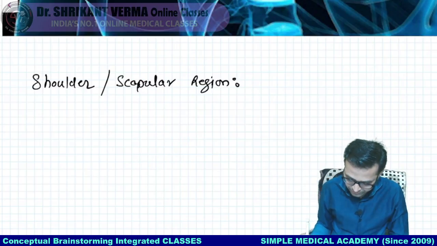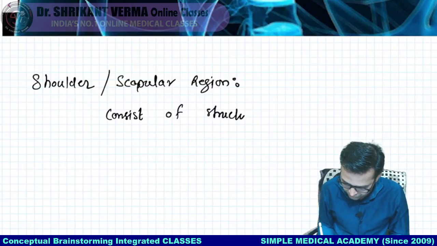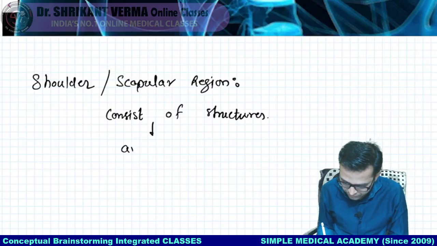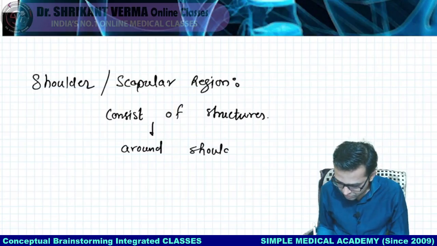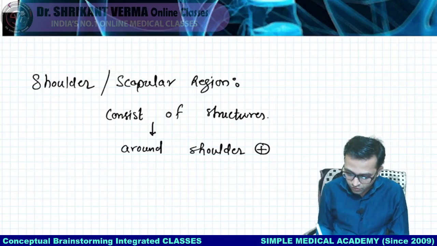It consists of structures which are around our shoulder joint.